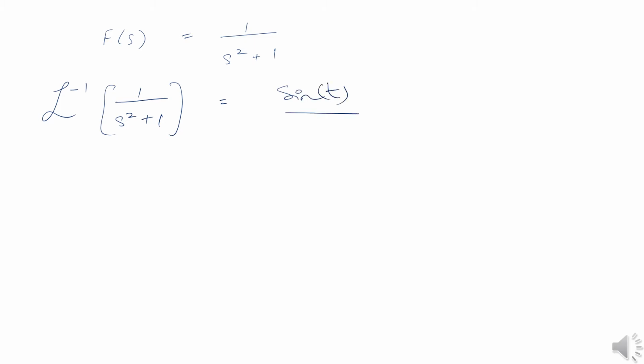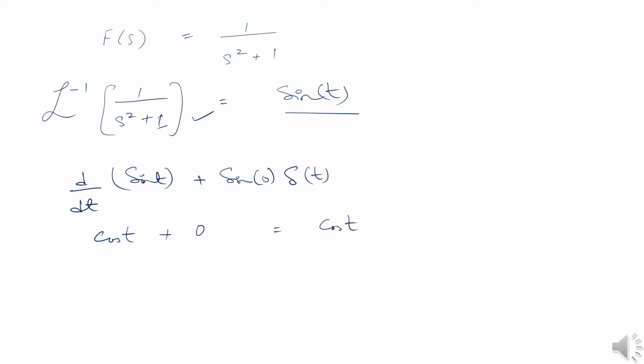Now apply the rule: the derivative of sine of t, plus the function at 0, that is sine of 0, multiplied by delta t. The derivative of sine t is cos t, plus sine 0 is 0, so that equals cos t.